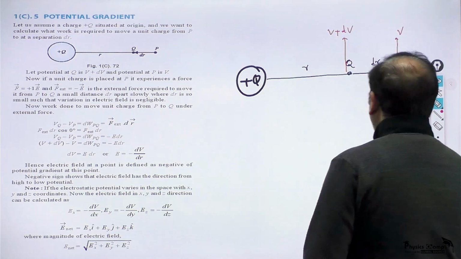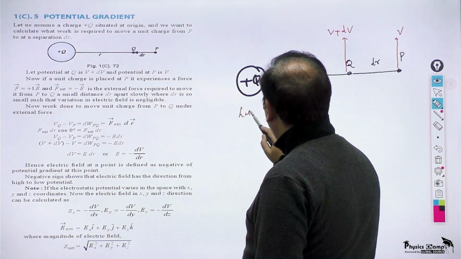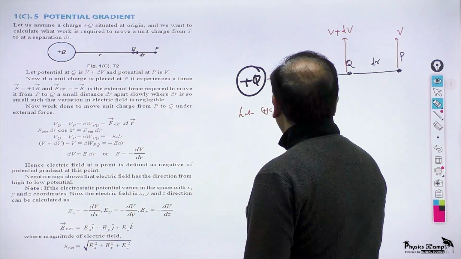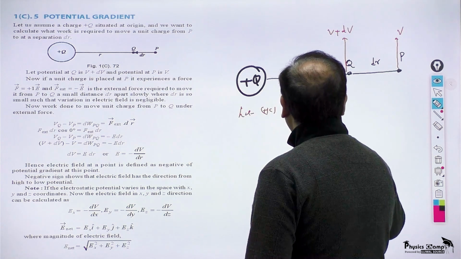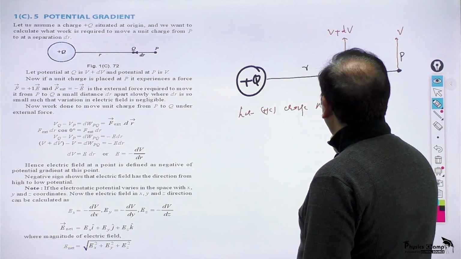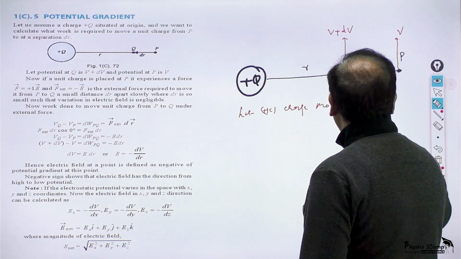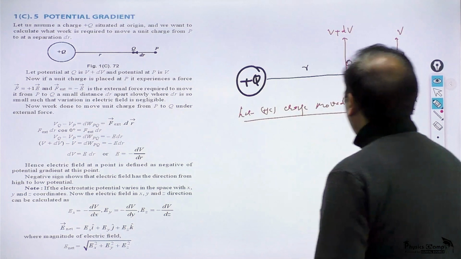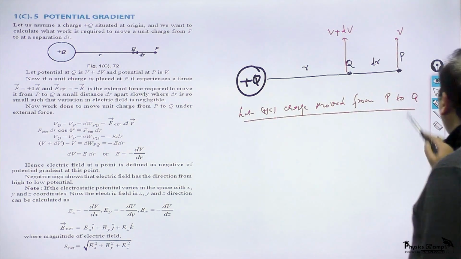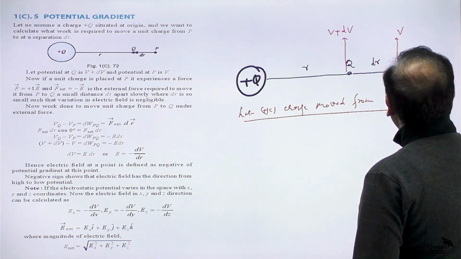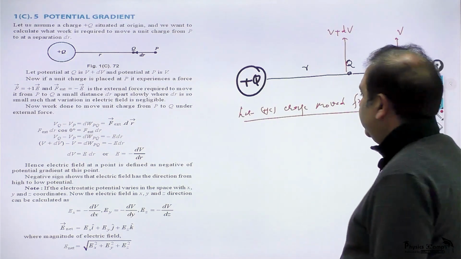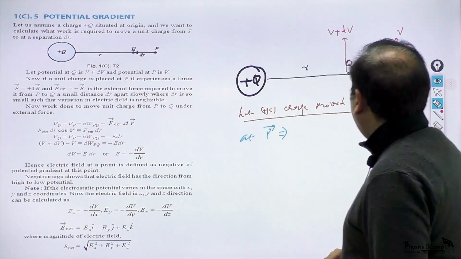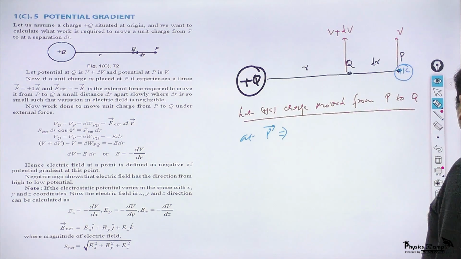Now I am assuming a situation, let 1 coulomb of charge be shifted, moved from P to Q. So now I have a charge of 1 coulomb which was kept at P. At P, if you are keeping a charge of 1 coulomb, what force will act on it?